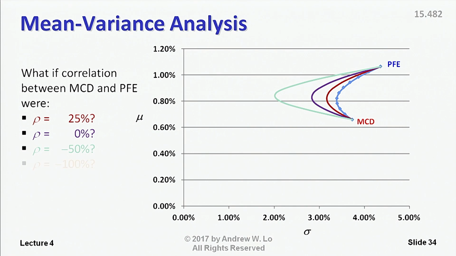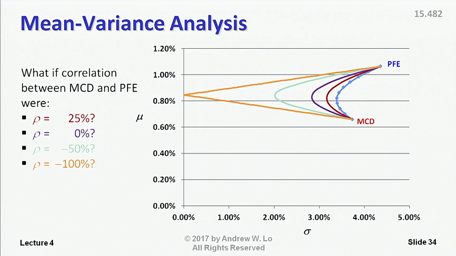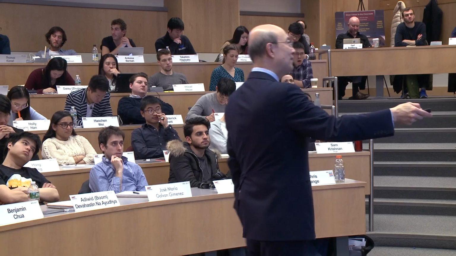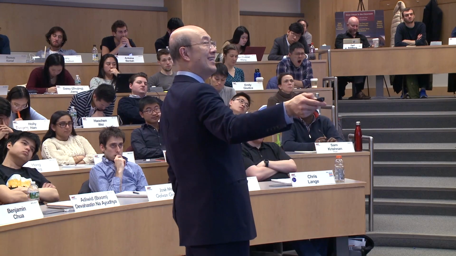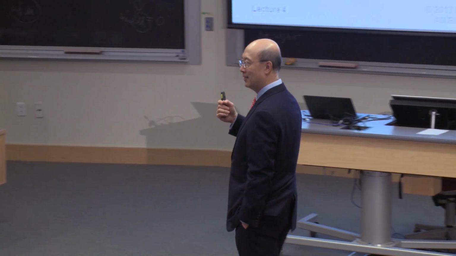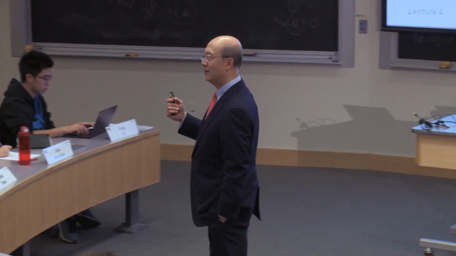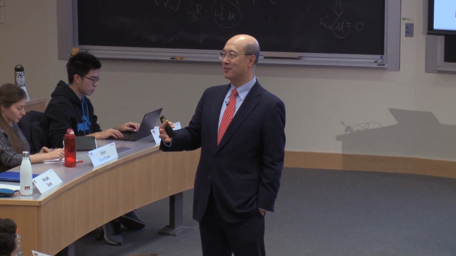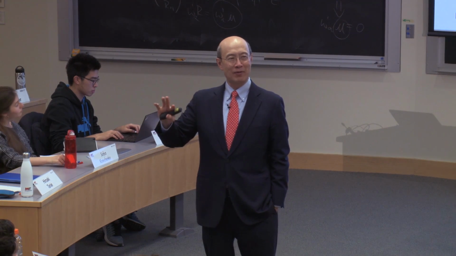Well, what you would get is a spike that goes right into the vertical axis. And what that's telling you is that with a negative 100% correlation, there exists one combination of Pfizer and McDonald's that has no risk, and positive expected return. Is it possible to have an investment that has no risk and positive expected return and that is above the risk-free rate?